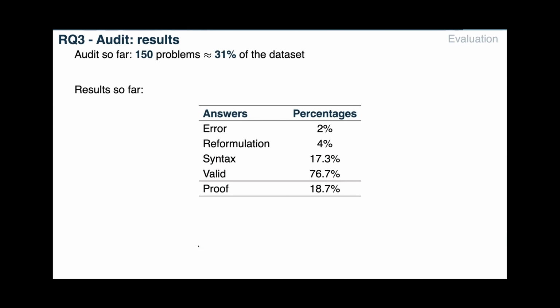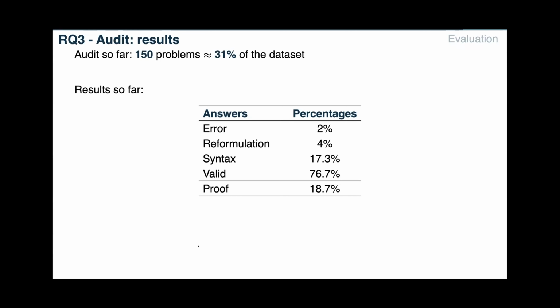And so for the results, so far the Rocq users have audited about 150 theorems, which is about a third of the dataset. On these 150 theorems, there are only 2% of errors, 4% of reformulations, so that's minor error in the sense that it's about interpretation of the informal description.